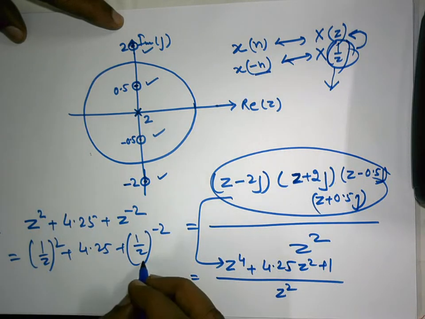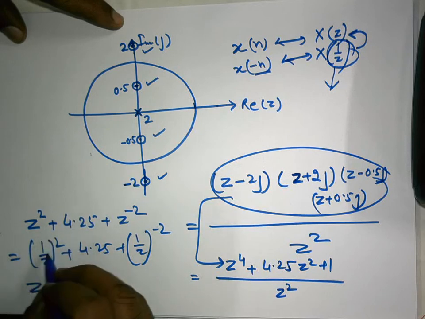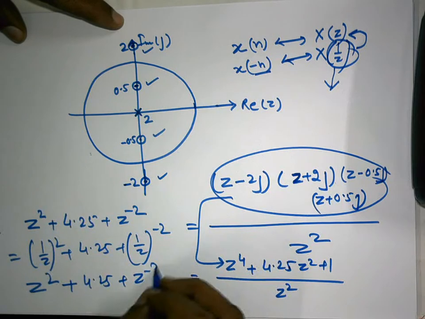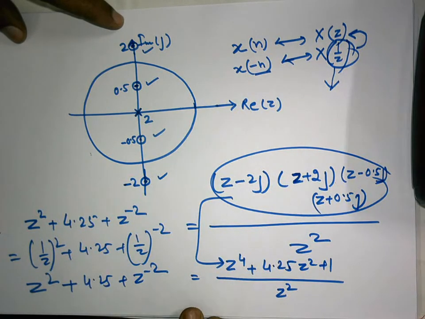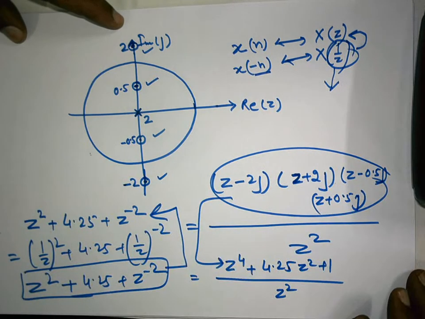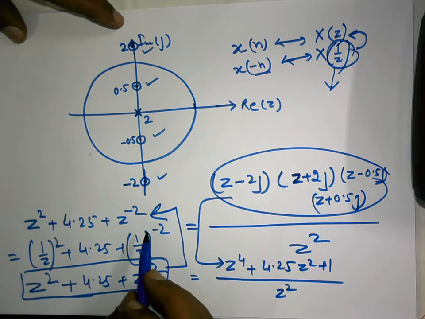Naturally, this will correspond to z square, and this will correspond to z to the power minus 2. So this is z to the power minus 2 plus 4.25 plus z square. Getting my point? So, these two values are the same. The Z transform of the flipped version of the signal and the Z transform of the original signal are the same. This means this can happen only if the signal is even.